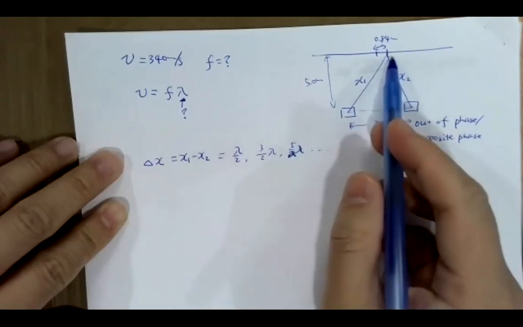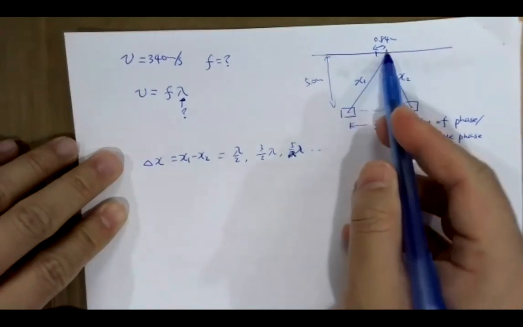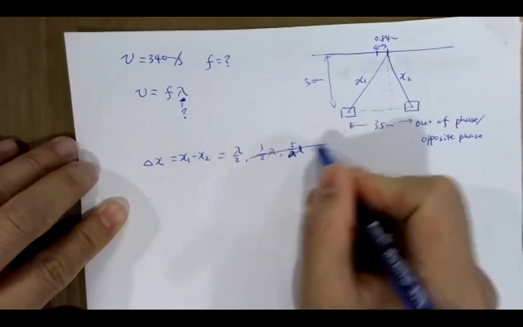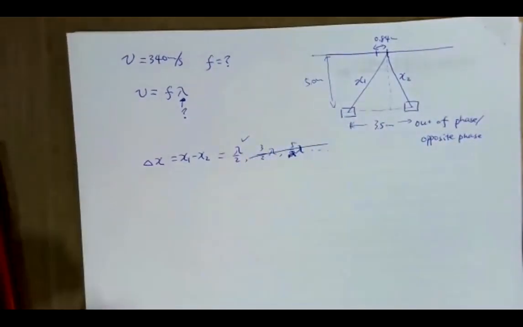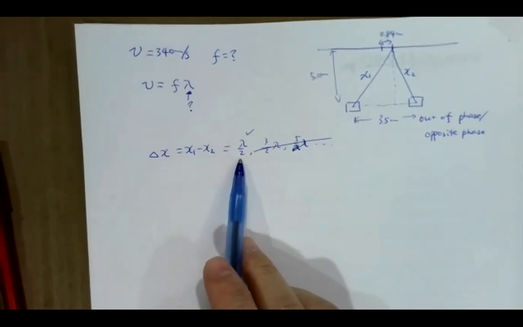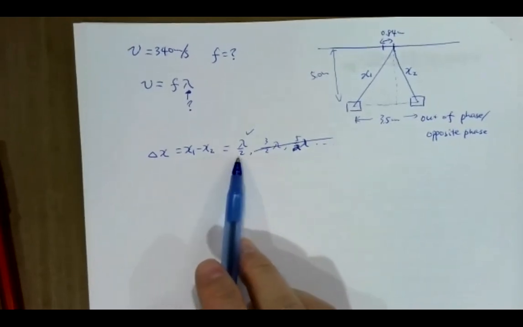But we are looking at the first time you hear the constructive interference, so just take that one. You can see you have an equation that has lambda in it, so you can try to figure out lambda there, right?